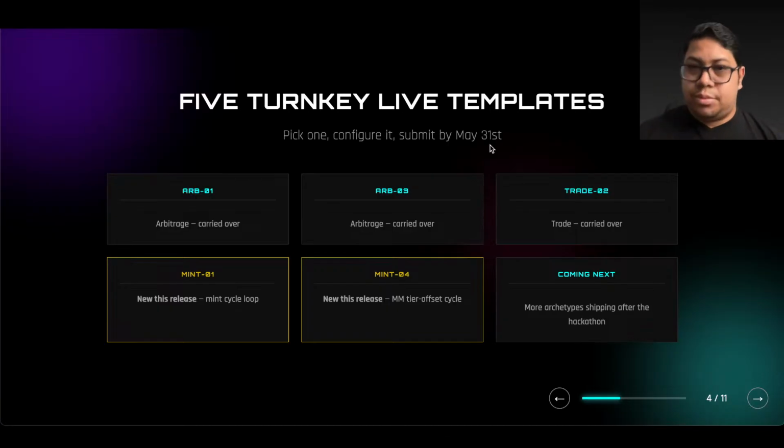So we already have different types of strategies that you can run. You take one of these, and then you make a specific configuration for your liking of what you want to apply to the strategy in order to make it work and behave the way you have intended for the strategy.